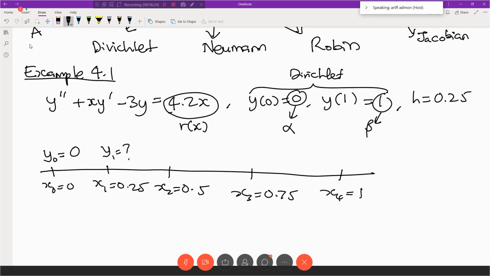Y1 we don't know, y2 also no solution. You need to find y3, and for y4 this is given. So you need to calculate for i equal 1, 2, 3.